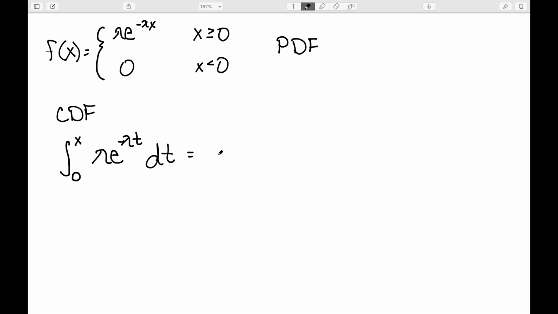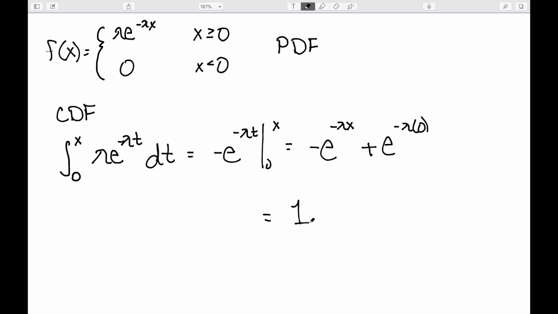If I integrate this, I get negative e to the minus lambda t going from 0 to x. Plugging in my bounds, negative e to the negative lambda x minus negative e to the negative lambda times 0. In other words, 1 minus e to the minus lambda x. So this is how we define our CDF.